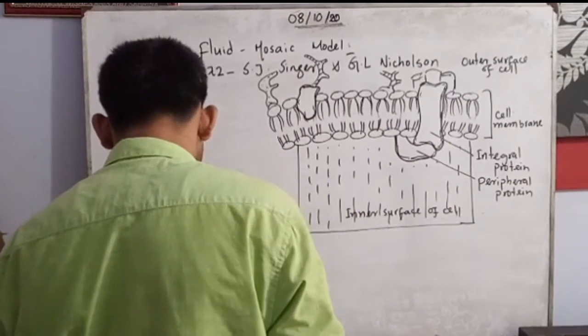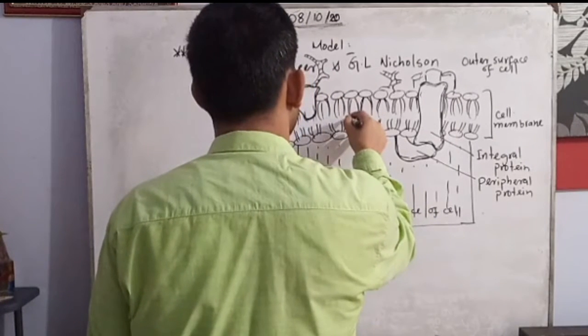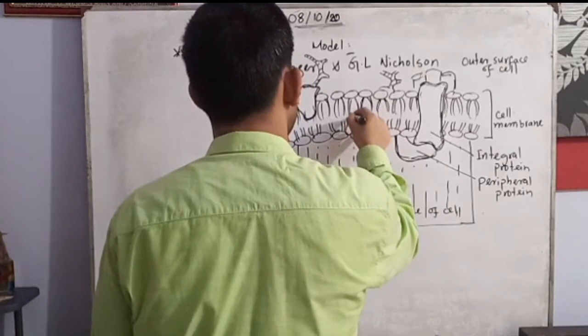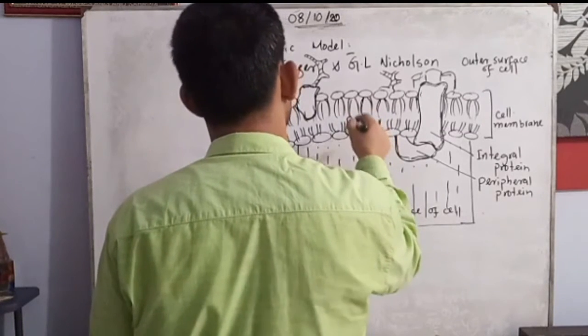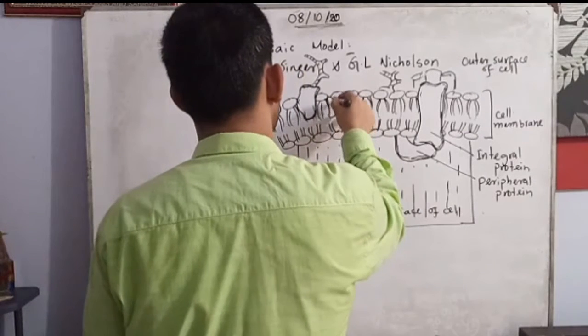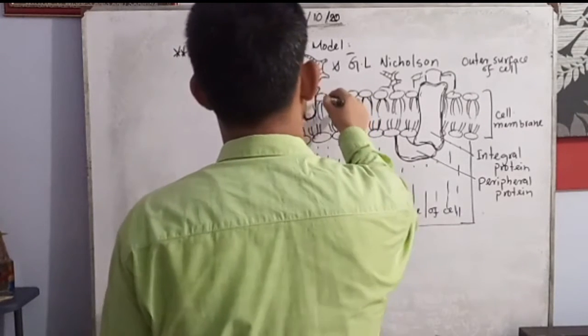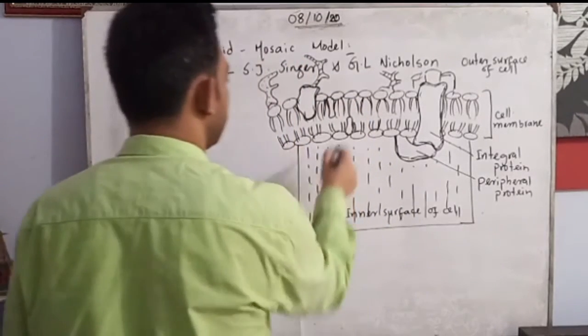Yes, and sometimes in between them another thing you can draw, like that type of a structure. Okay, you can draw that type of a structure in between them. These are the cholesterol.